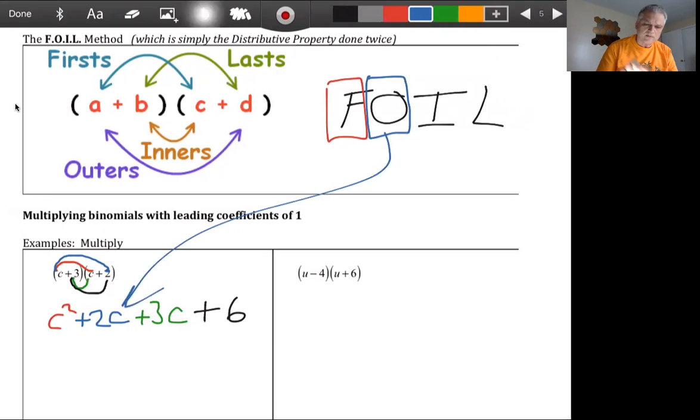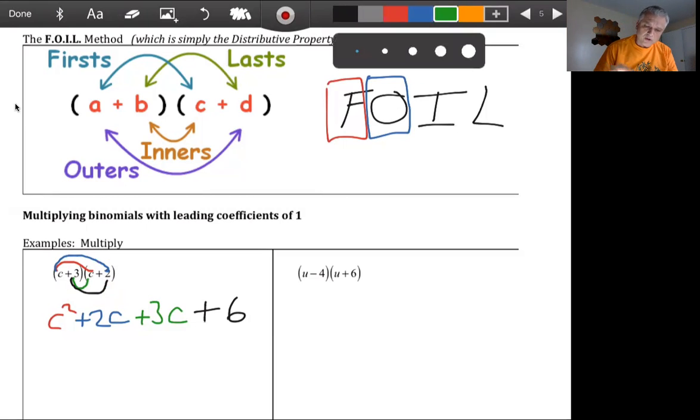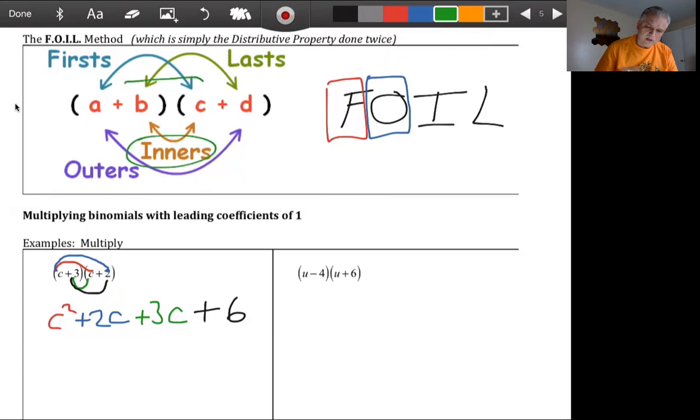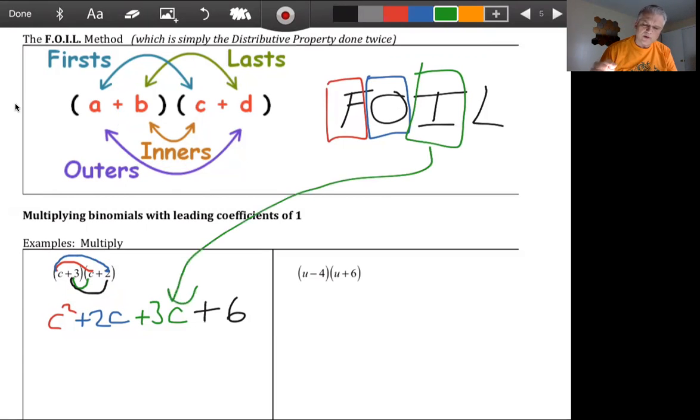gave me 2C. And then we multiplied the 3 times the C. 3 and the C are on the inside. So those are called inners if we multiply the insides. So the inners are the inside terms. That's where we got the 3 times C, the 3C.